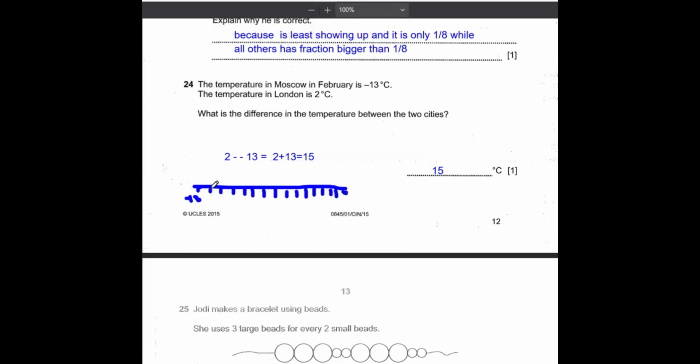And if you count them, 1, 2, 3, 4, 5, 6, 7, 8, 9, 10, 11, 12, 13, 14, 15. You find there are 15.